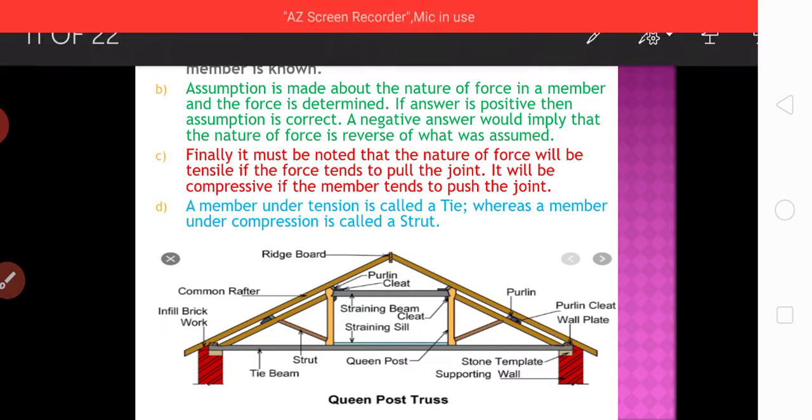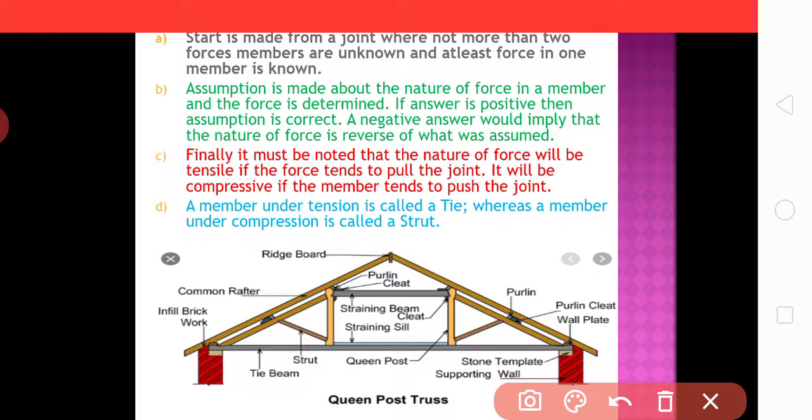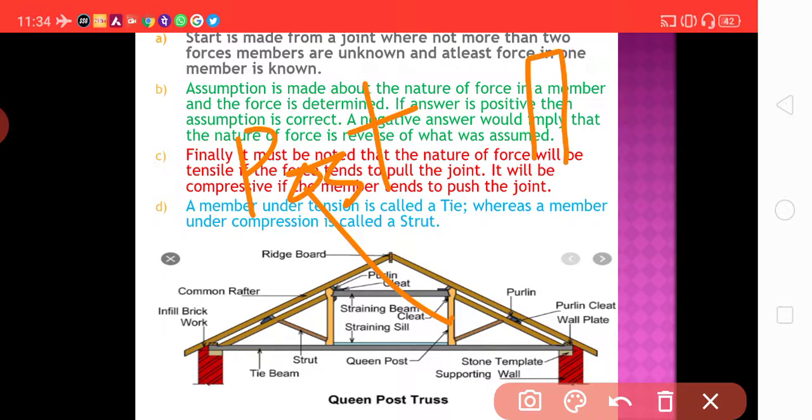This is basically a post whose length is less than or equal to the largest cross sectional dimension, then it will be called a post.